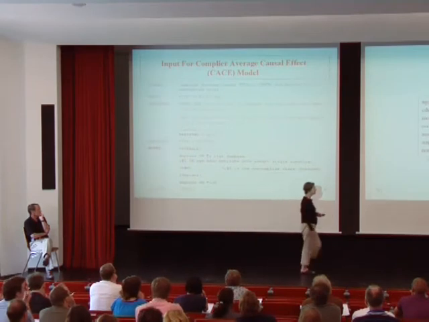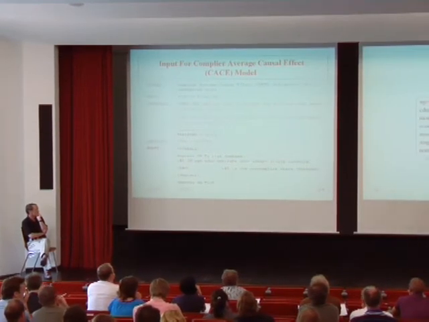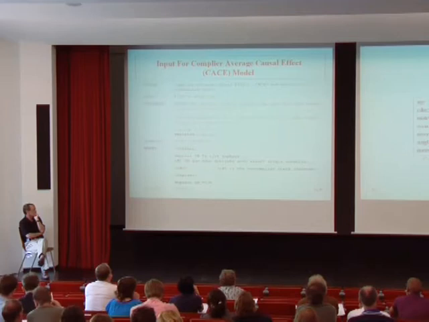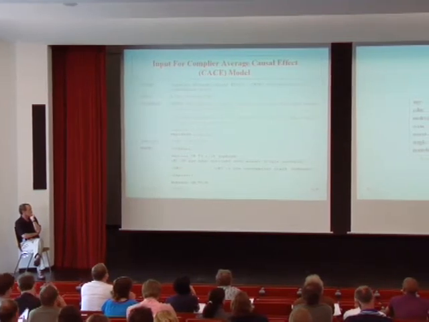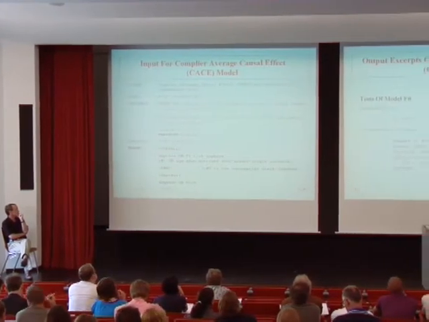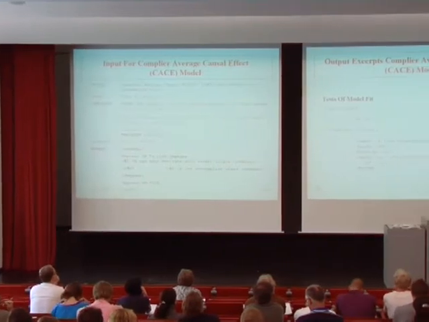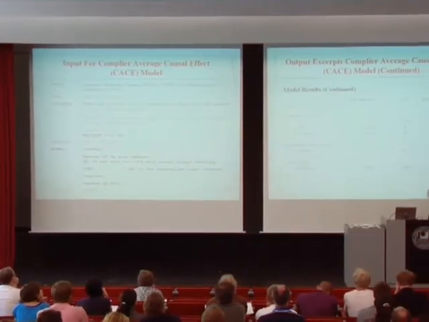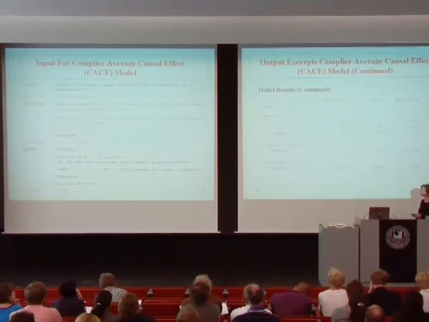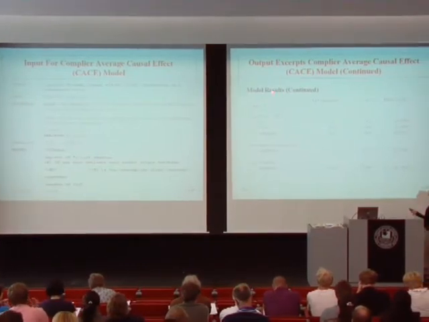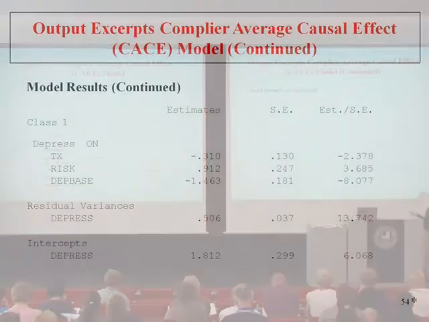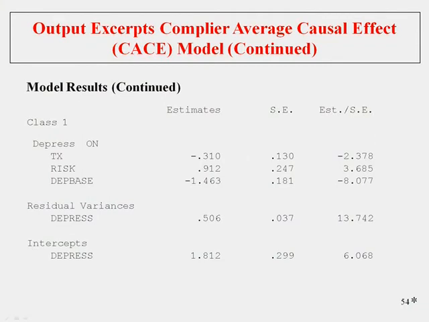And then just briefly, we're going to be going through a lot of output as the days go on. So we won't go over this first part and the second part because we'll be doing that. But instead, here's the model results for class 1. Now the way we give the output, the first column is the parameter estimate.